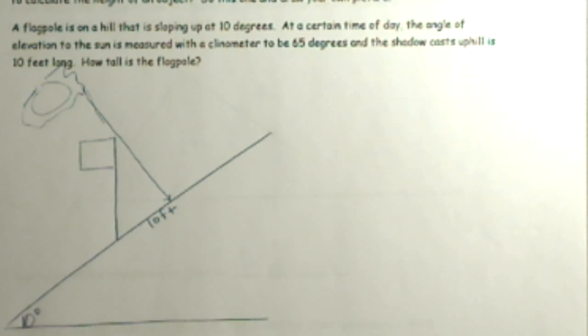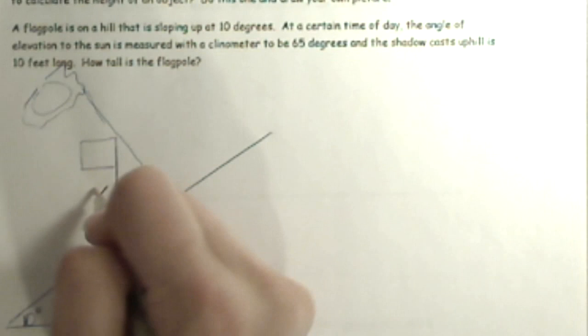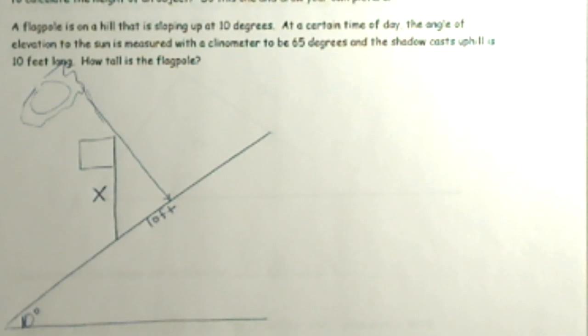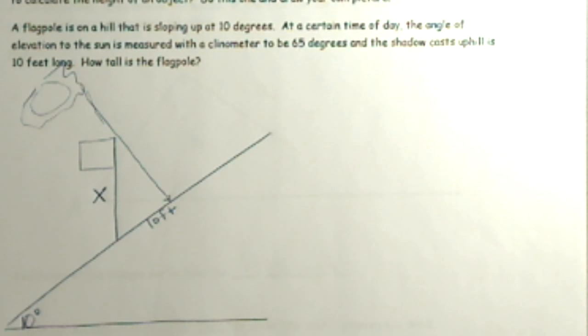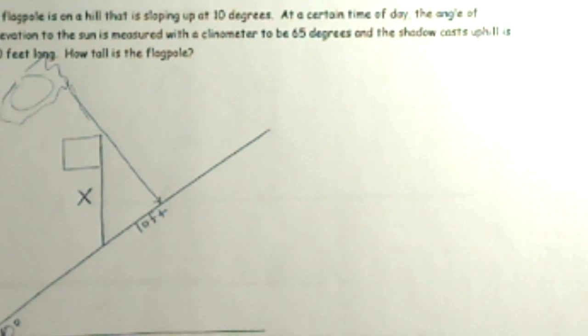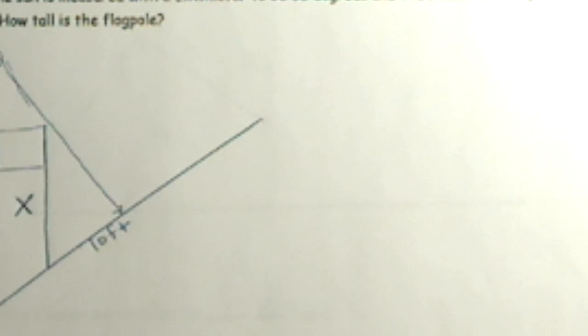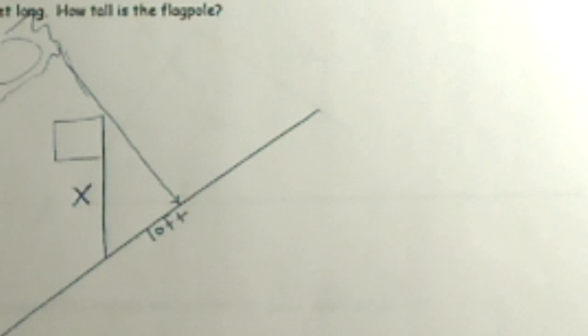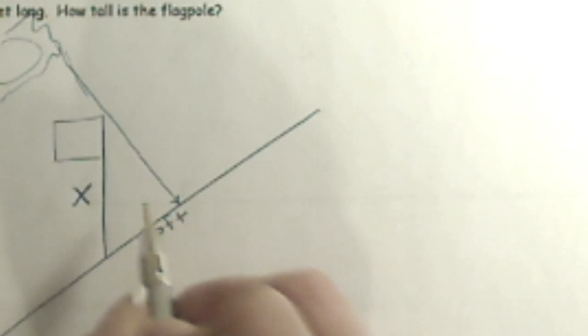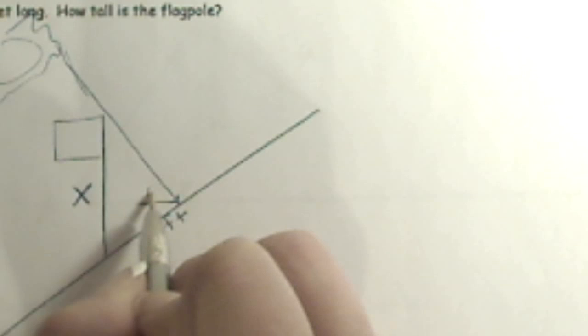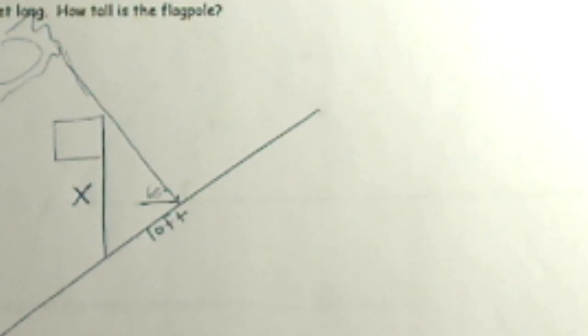All right, we want to find the height of the flagpole, and we have currently no angles, so let's get some angles. The angle of elevation to the sun is 65 degrees. Now, this is going to be a little bit different because remember, angle of elevation is always from the horizontal, which means this angle is 65 degrees. So we're going to have to work with that.